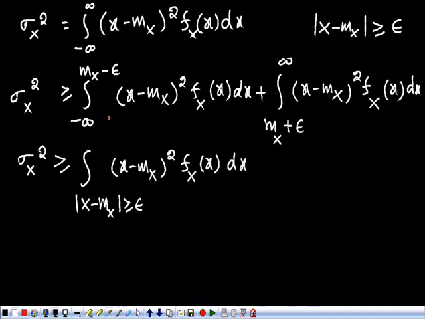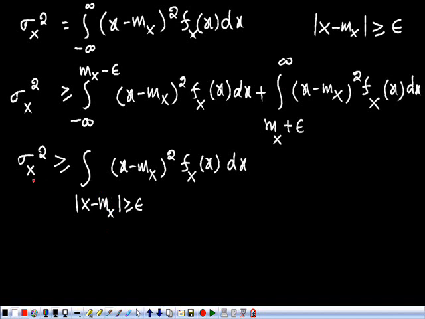See, instead of writing two integrals, I have written one integral. I am integrating over the interval minus infinity to mx minus epsilon, mx plus epsilon to plus infinity. Understood this? Or I combine these two into a single integral. So we are integrating over this interval. What is this interval? This interval is minus infinity to mx minus epsilon, mx plus epsilon to plus infinity.